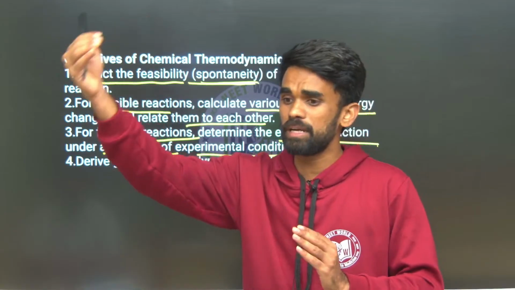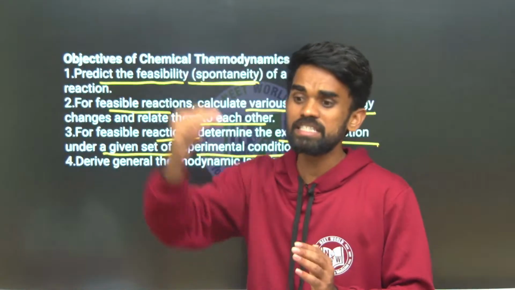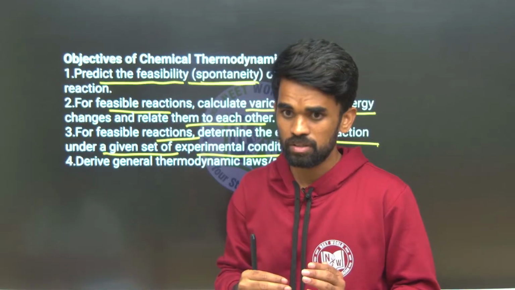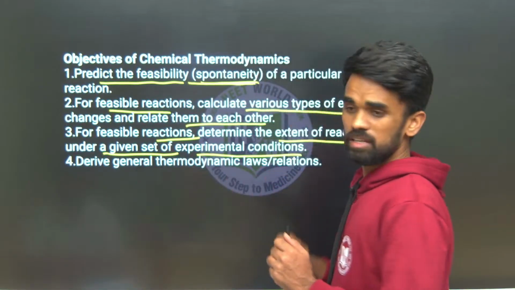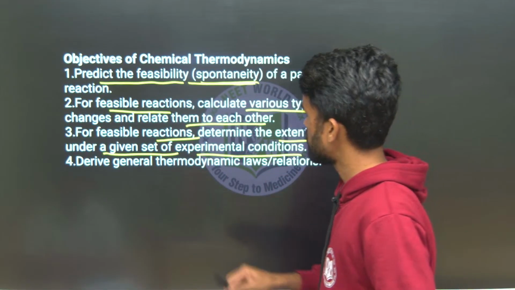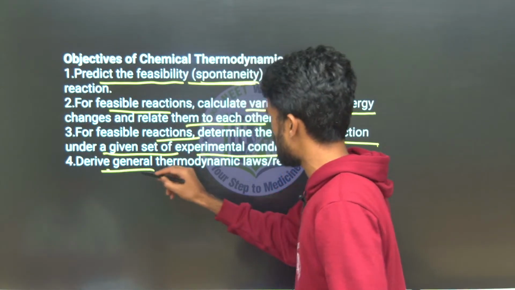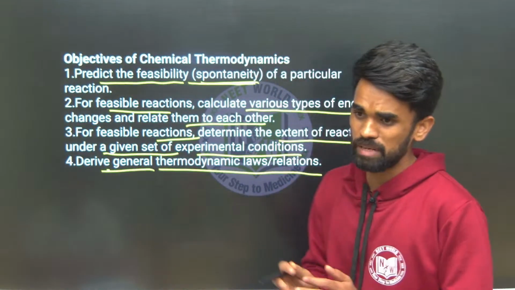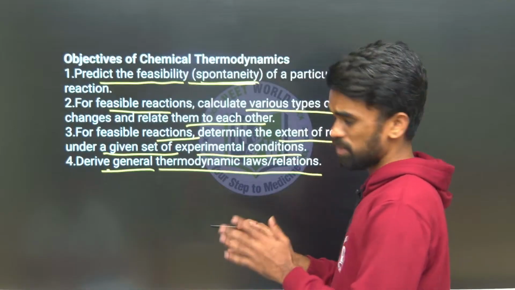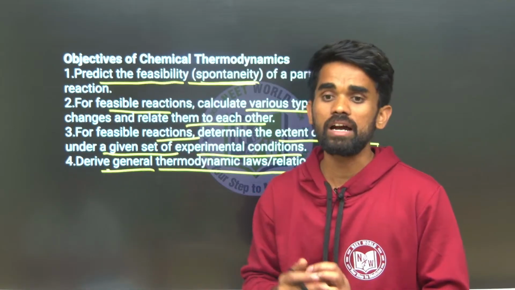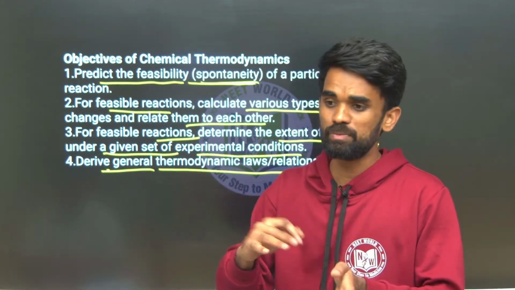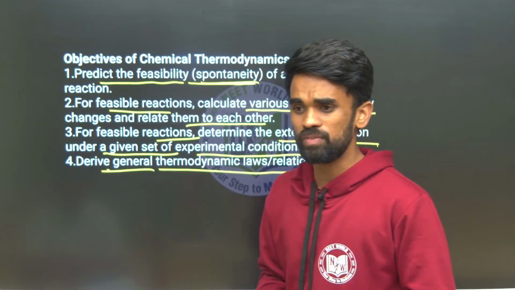If I increase the temperature to 100 degrees, what is the change in the reaction? All these things can be studied here. Next, it derives general thermodynamic relations. It means we are going to derive the first law, second law and third law, which give relations between different terms.